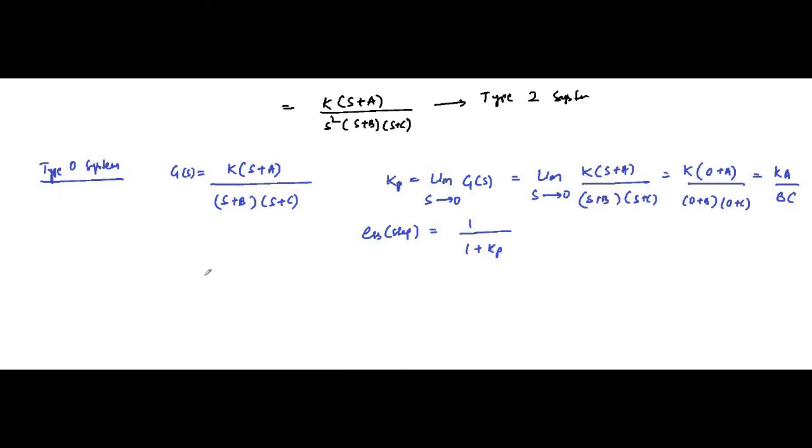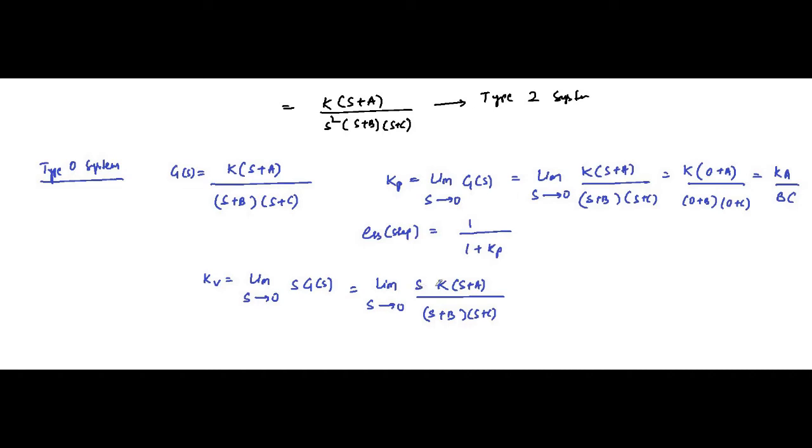Okay, then we'll determine the velocity error coefficient Kv is equal to limit s tends to 0 s G(s). So that is equal to limit s tends to 0 s into k into s plus a by s plus b into s plus c.